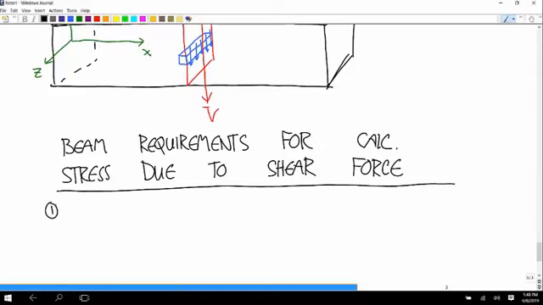The first one is a rectangular shape, a rectangular cross section.